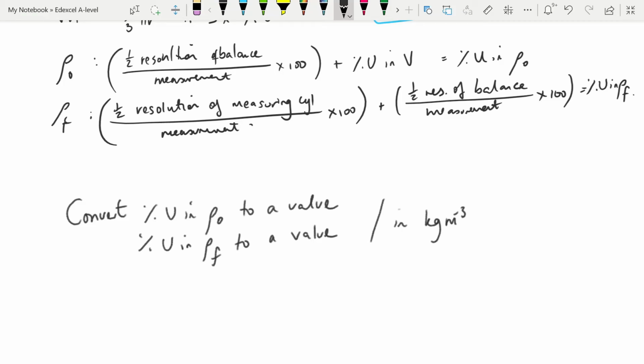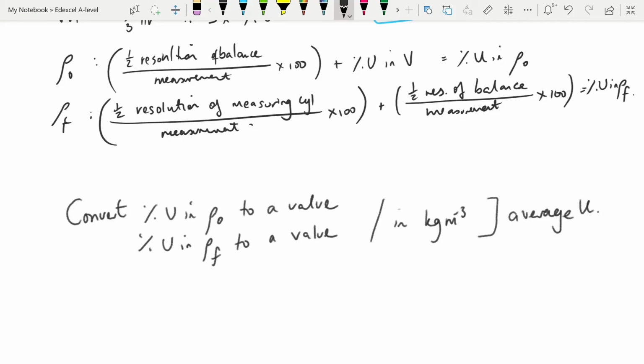And here's where it's a matter of opinion. You could take the best or the smallest uncertainty in that. You could take the greatest uncertainty, depending on whether the object or the fluid had the greater uncertainty in kilograms per meter cubed, or you could take the average.